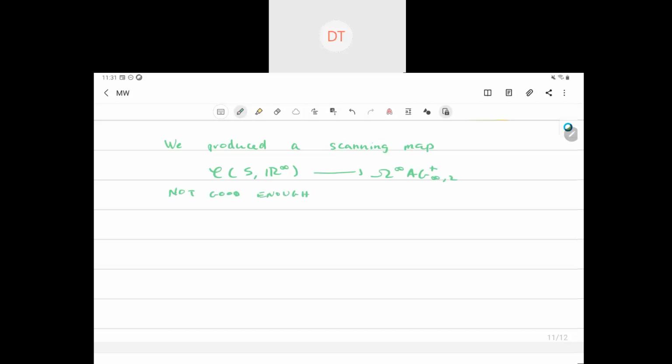Right? So we replaced this guy by C infinity, where C infinity was a way of eliminating the choice of S on the left-hand side.